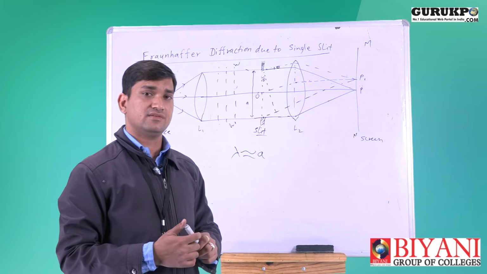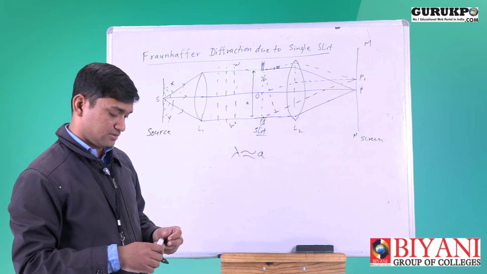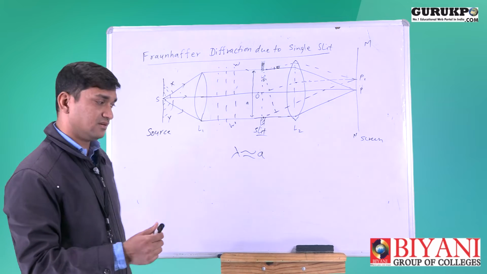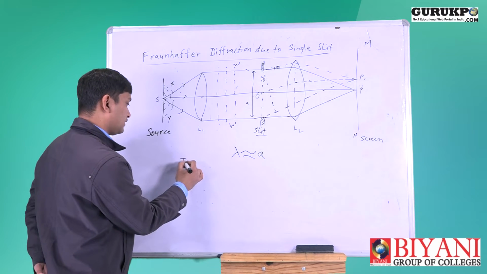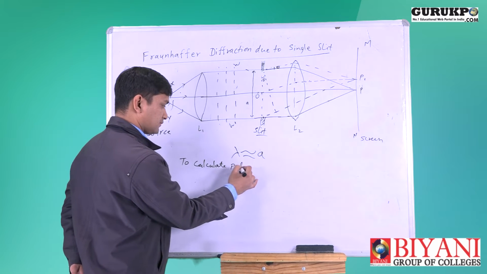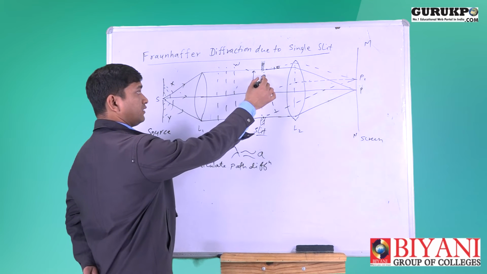To find the intensity at the point P1, we calculate the path difference, and accordingly we find the intensity. To calculate the path difference, we draw a perpendicular here.